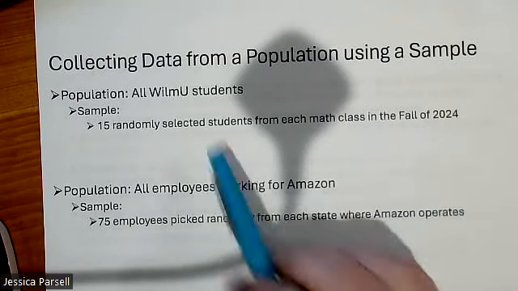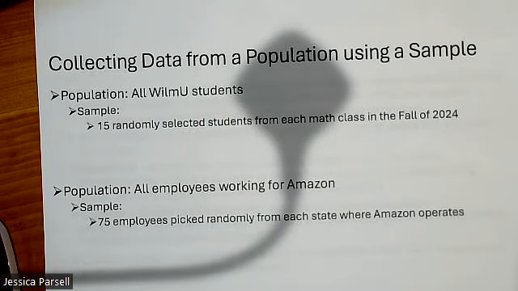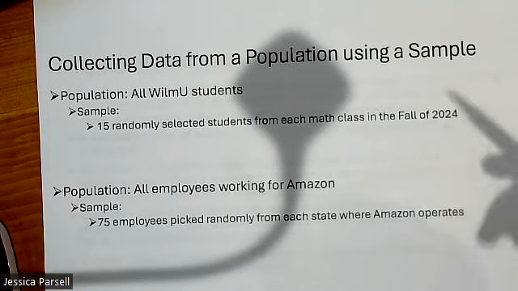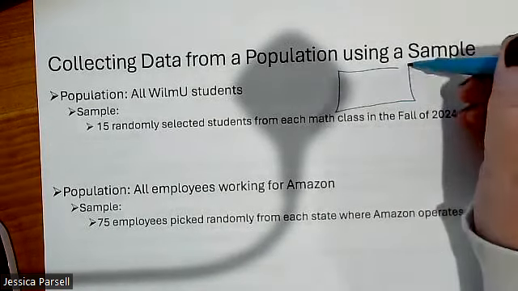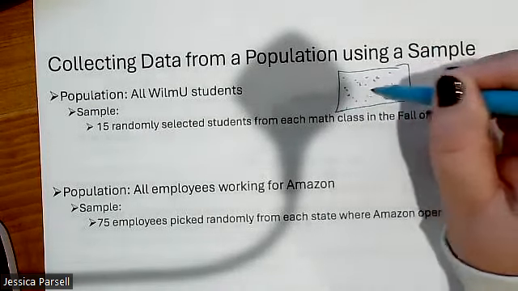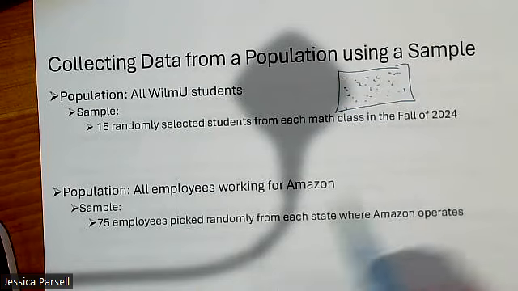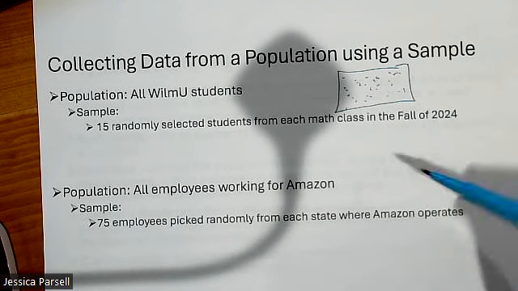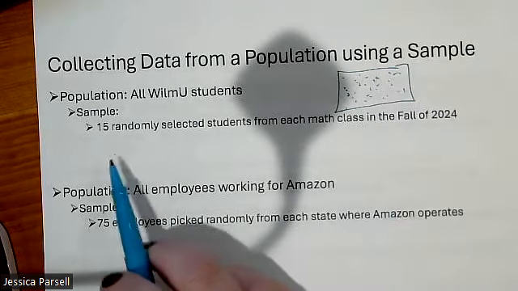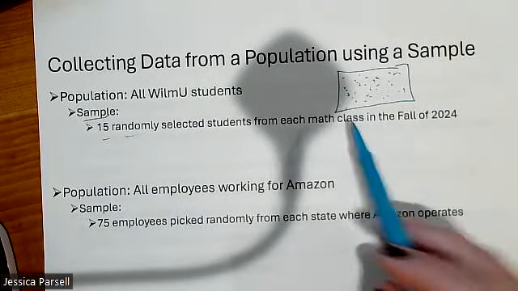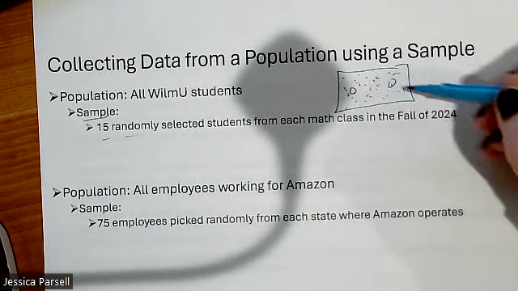Okay, so I have a couple examples here of collecting data from a population by grabbing a sample. The first population might be all Wilmington University students. So think about that universe of all Wilmington University students attending classes everywhere, all the campuses. And since it would be too costly and time consuming to sample everybody that's attending Wilmington, maybe as a nice little sample, they go in and grab 15 randomly selected students, maybe from different math classes in the fall of 2024.